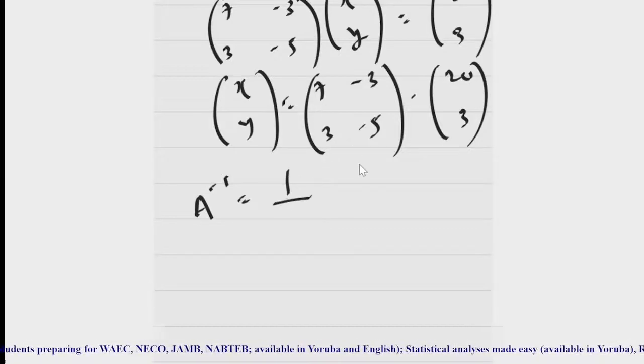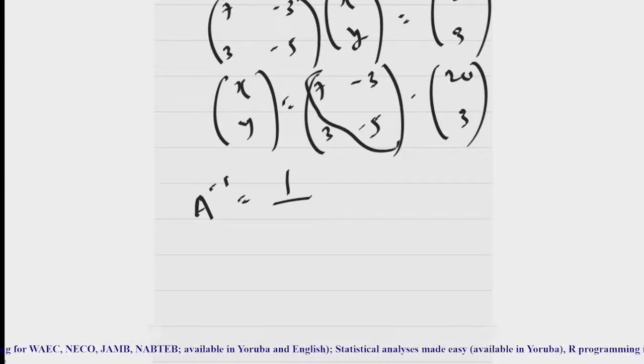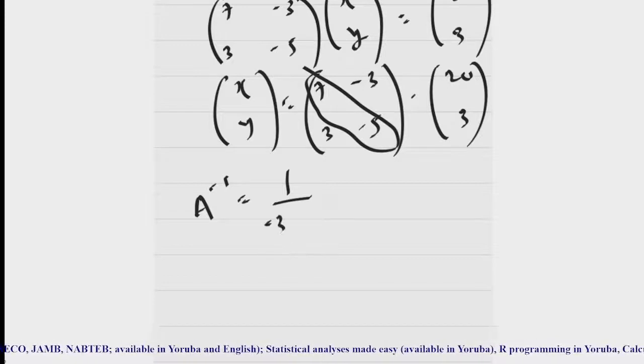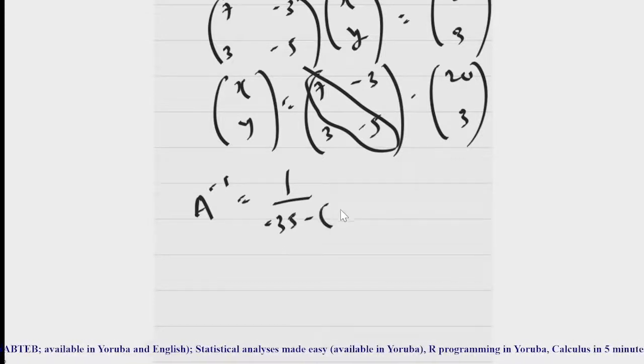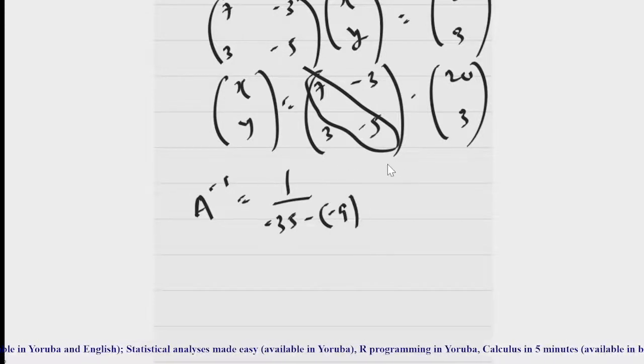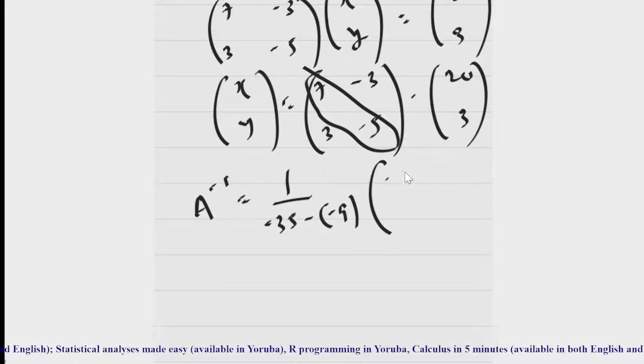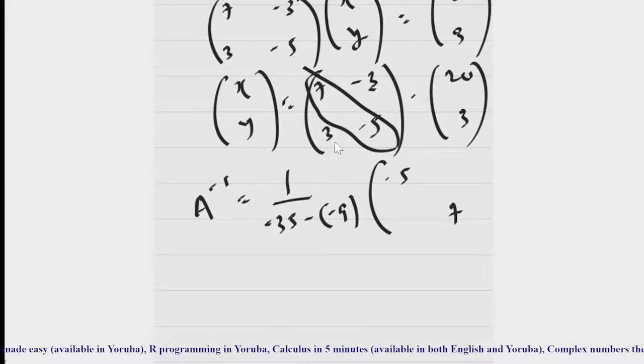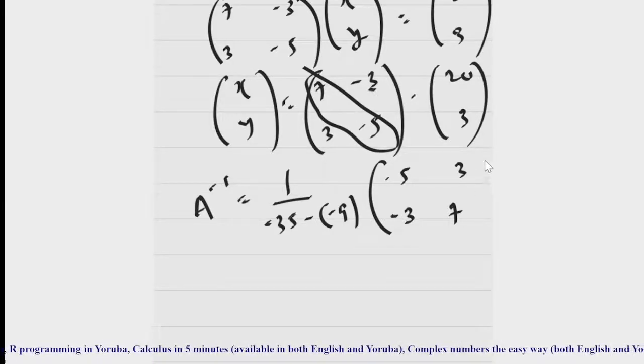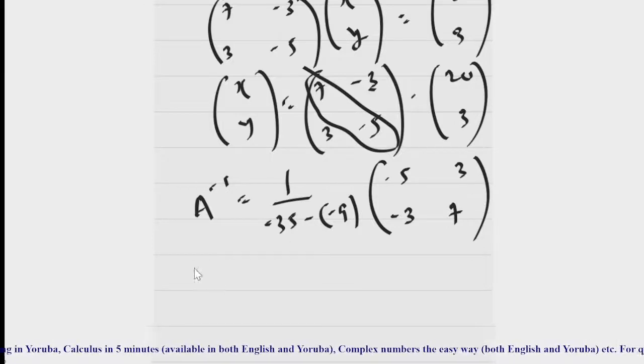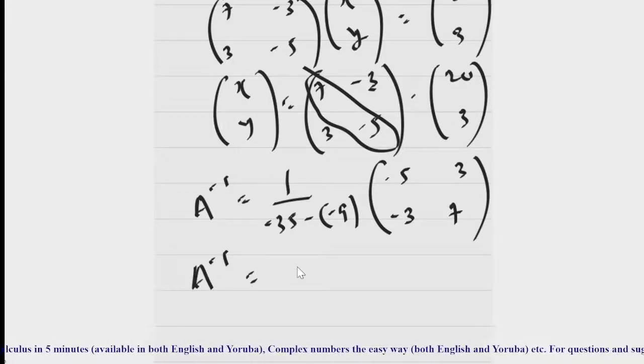That's 1 divided by, okay, let us find this determinant. This times this, minus 35, minus 9, right? Then you interchange this guy with this guy, you have minus 5, 7. Then you multiply this by minus 1, this will be 3, this will be minus 3, sorry. If you've forgotten, refer to my video on inverse of a matrix.